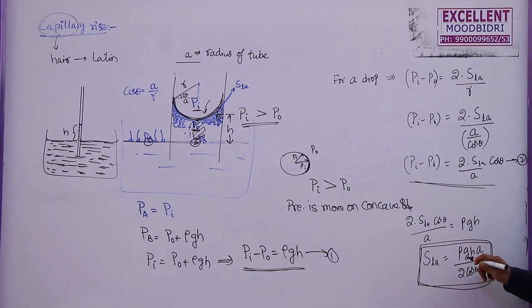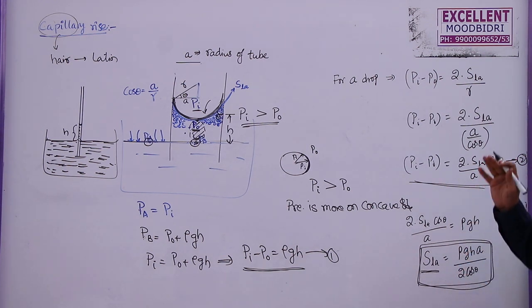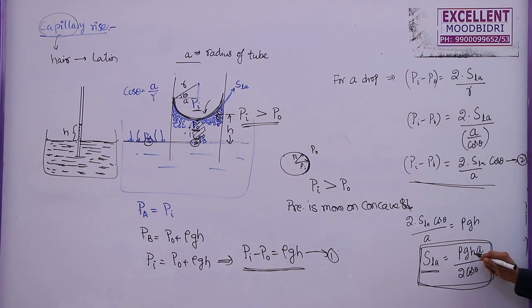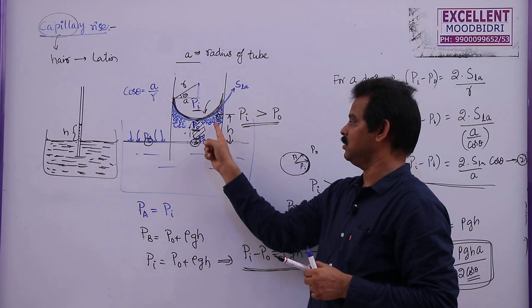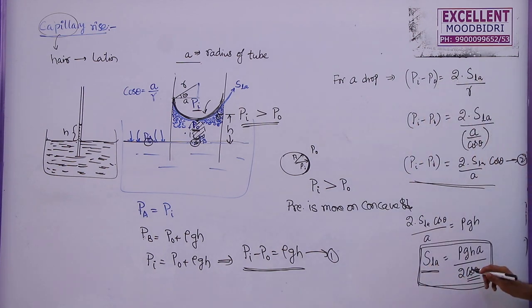Here generally g is a constant, and density of a liquid is constant, so surface tension of a liquid can be determined by finding the height of the liquid raised in this case and the radius of the capillary tube by cos theta. But for a given liquid and solid surface, let us say this capillary tube is made of glass or plastic, and if it is water, then this cos theta is also constant.